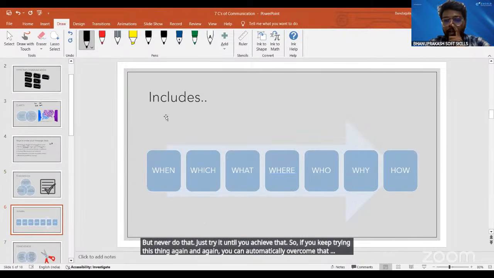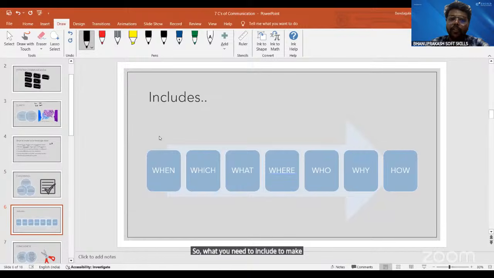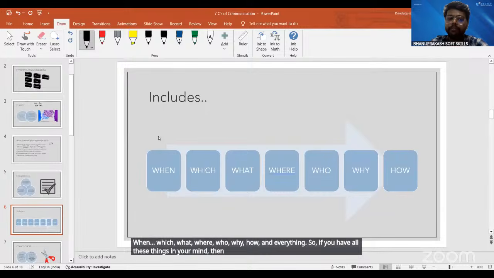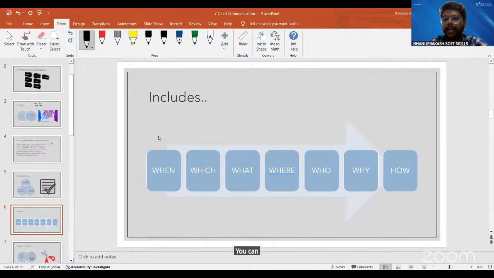So to make a complete message, you need to include when, which, what, where, who, why, how, and everything. If you have all these things in your mind, then automatically you will be able to give the complete information.